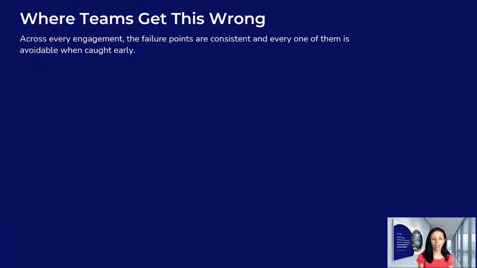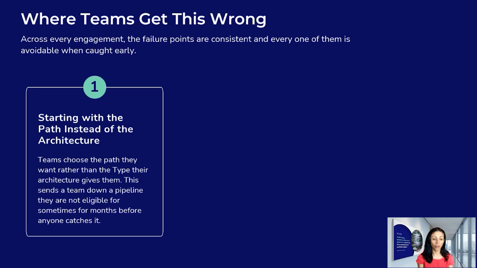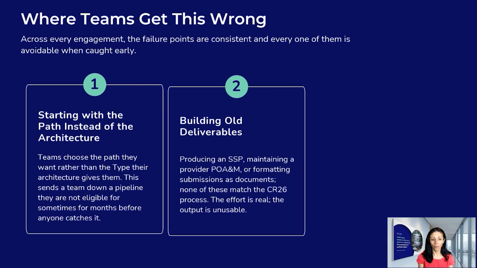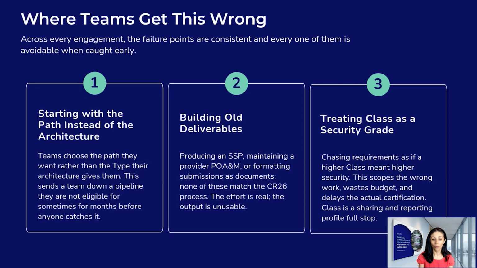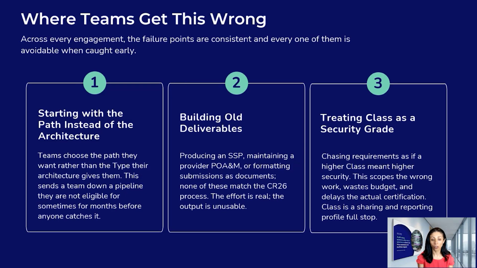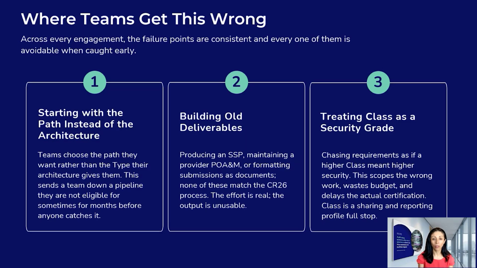So some of the things I'm seeing, or questions really, because of all this new lingo and figuring out the path to go, is starting with the path already versus figuring out the architecture and the program that you're going to follow, whether you're going to do agency or the 20x program with no sponsorship. Focusing on the old deliverables. Right now, FedRAMP 20x provided everything needed to submit to them in JSONs, easily translated into human readable form.